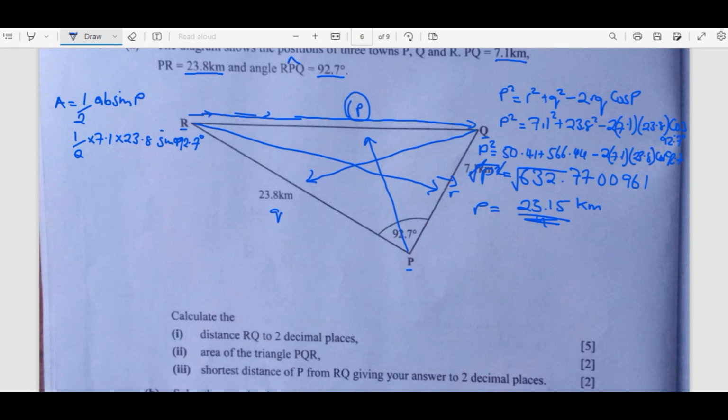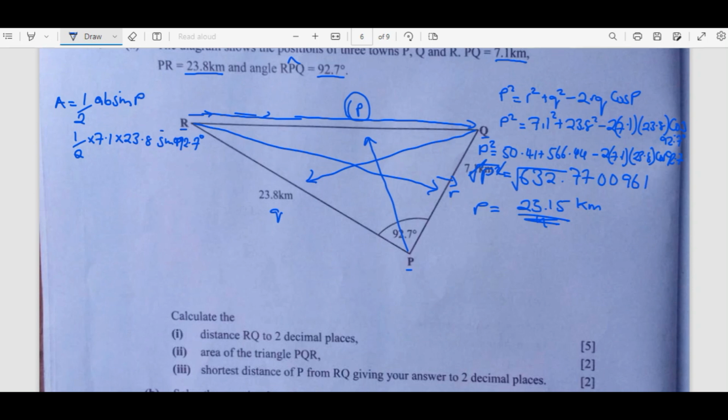When you put them on your calculator, you can say 1 multiplied by 7.1 times 23.8, and then sine 92.7, then you divide by 2. What are we going to have?